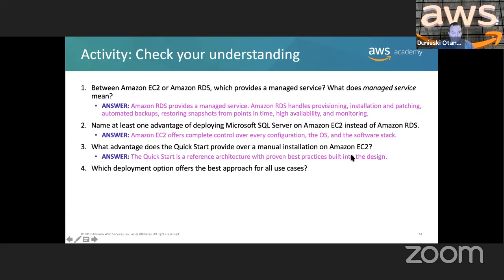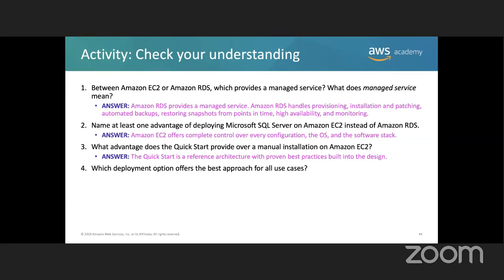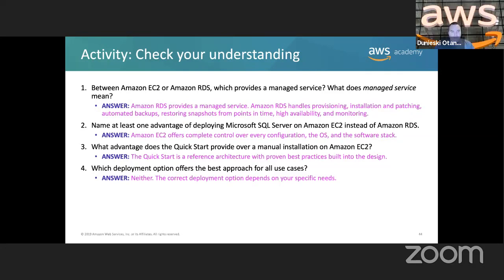Which deployment option offers the best approach for all use cases? When it says deployment options, they're talking about software as a service, platform as a service, things like that. Well, the answer is neither.